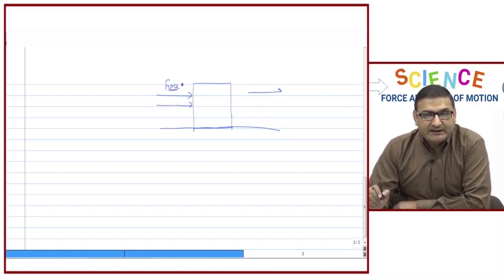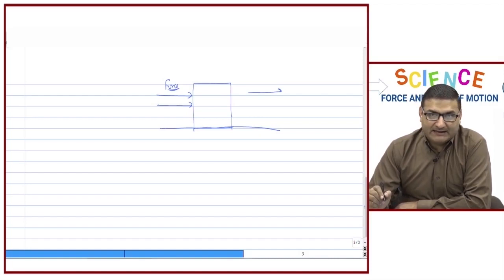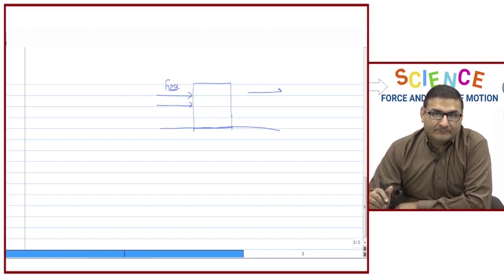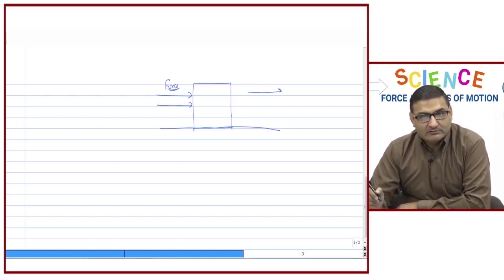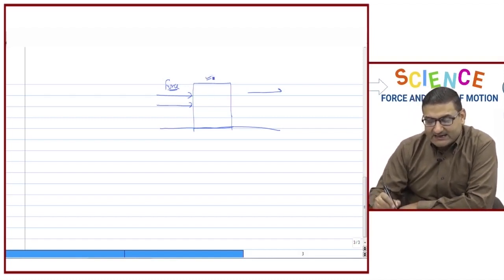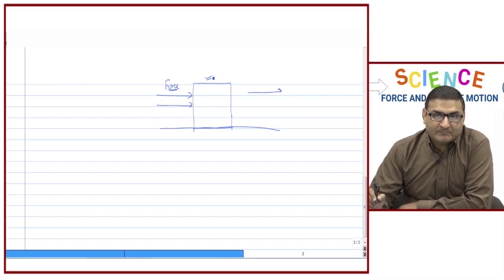Initially, if less force is applied, there are two forces acting on the box: the force of the child and the frictional force from the surface or the ground. If the frictional force is more and the force of the child is less, the box stays where it is.